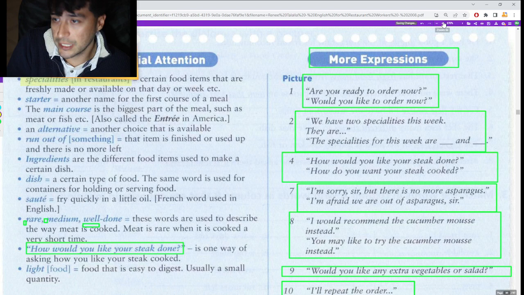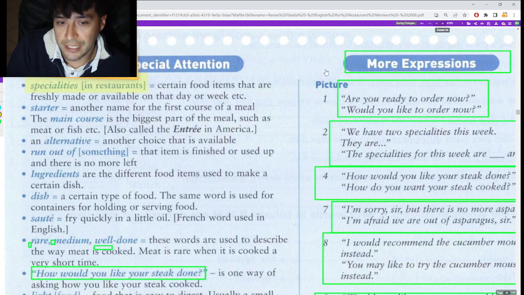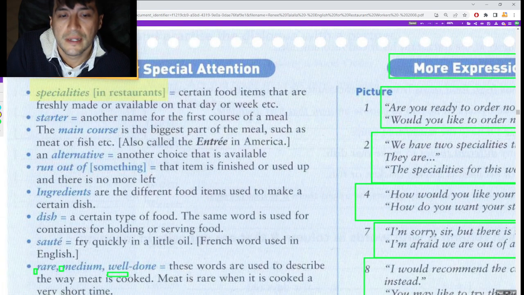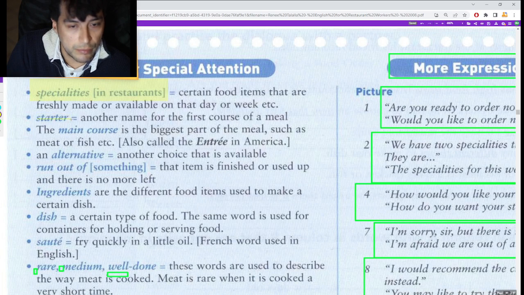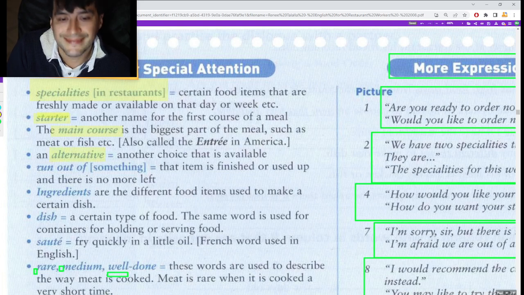The starters. The main course. The alternatives. Run out, no longer available, is finished.